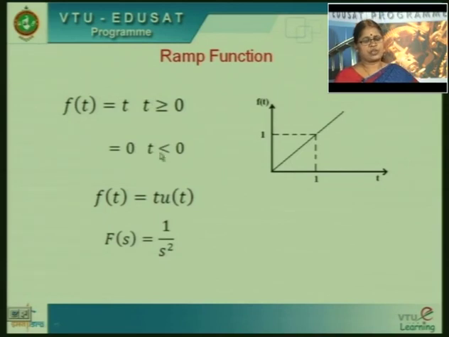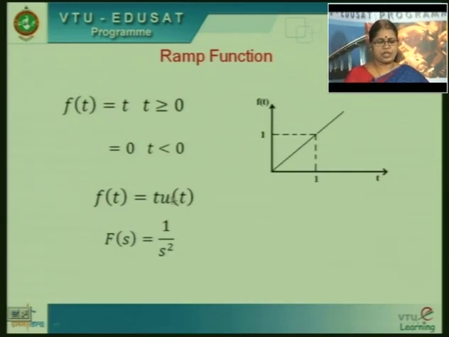So, instead of writing two equations, one for time less than 0 and one for time greater than 0, we can combine these two equations and easily write f of t is equal to t into u of t. When I say t into u of t, the value is equal to 0 for time less than 0, since t multiplied by 0 becomes 0, and for t greater than 0, u of t is 1, so t multiplied by 1 gives you t.